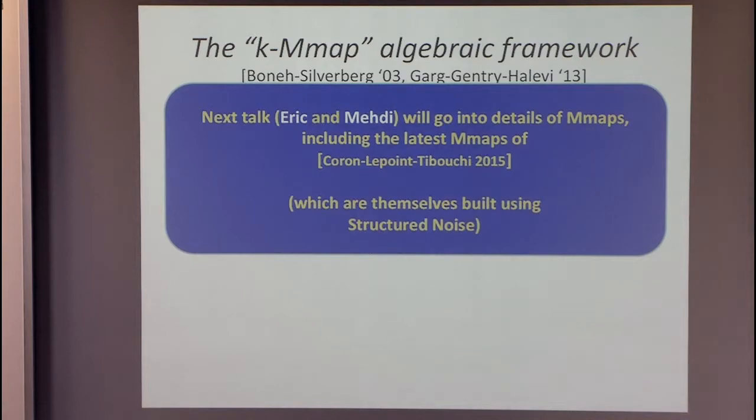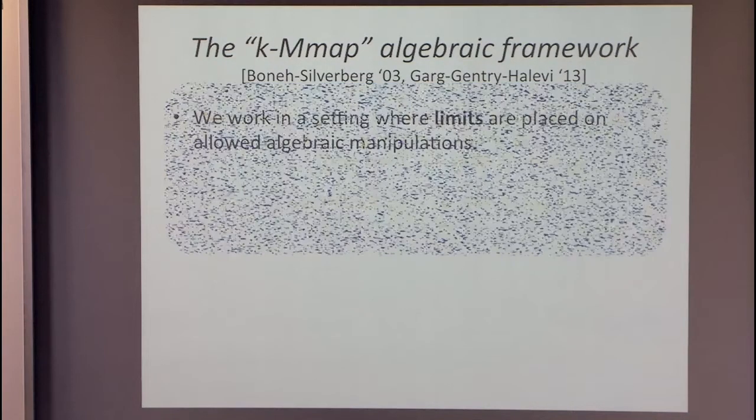So Eric and Mehdi will give a joint presentation that'll go into the details of the latest and greatest multilinear map scheme, the one that seems to resist as many attacks as possible. And they themselves are going to be built using this idea of structured noise. Okay? So I'm not going to go into the details of it, but you'll find out in the very next talk.